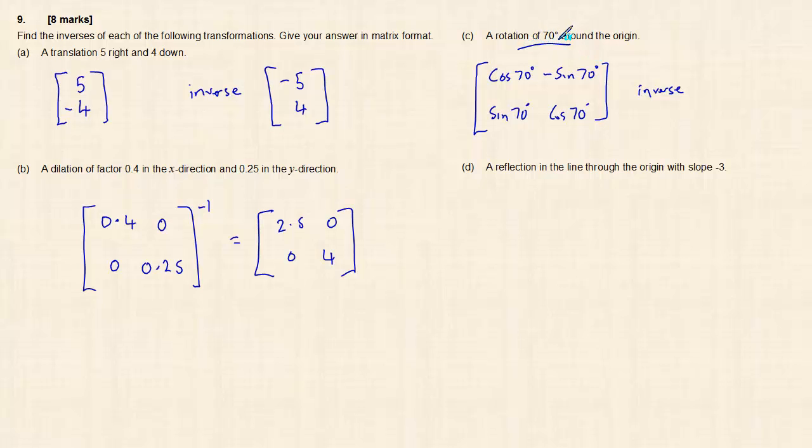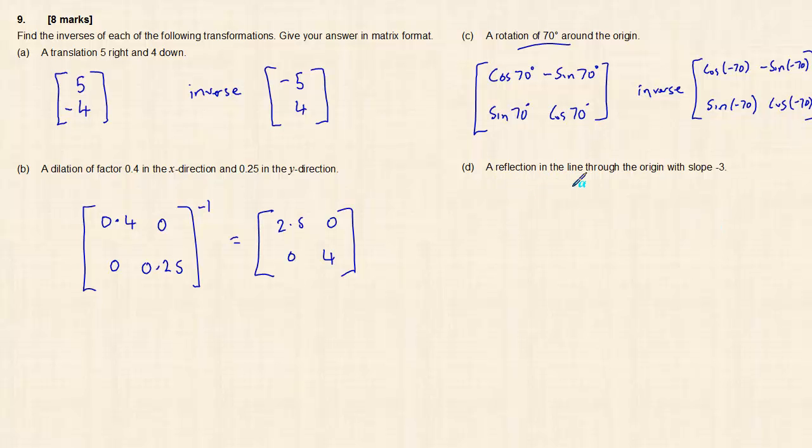We know this is anti-clockwise, so just go clockwise. So our inverse will be the cosine of negative 70, negative sine of negative 70, sine of negative 70 and cos of negative 70.